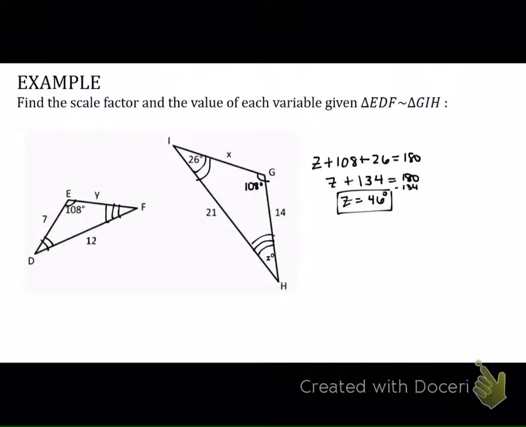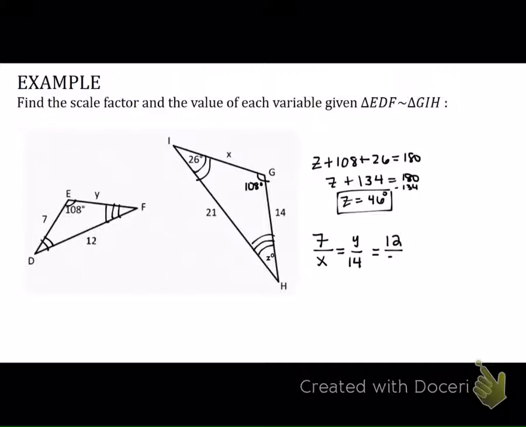So 7 would be over what? 7 is ED, which corresponds to GI, so it would be 7 over X is proportional to EF, which is corresponding to HG, so that would be over 14, which is corresponding to DF over IH, which is 12 over 21.